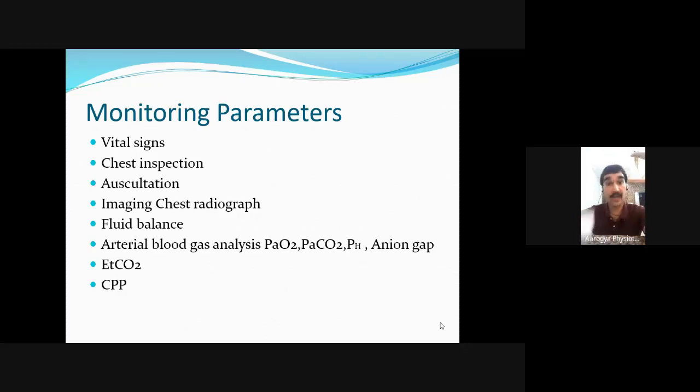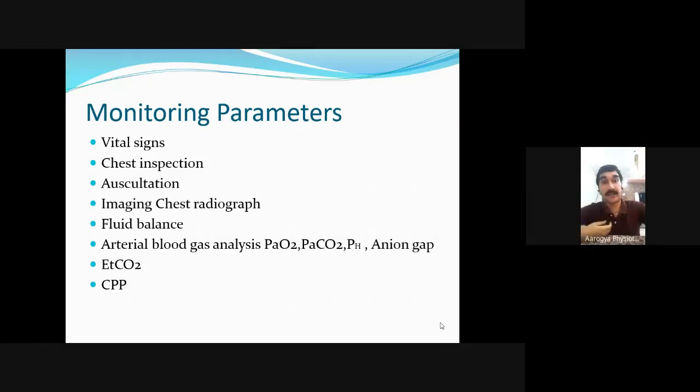So as you see the vitals, you should do the chest inspection. In chest inspection, you see the chest movements visually, and then you auscultate. Auscultating is very important, as you'll come to know the status of the lung, the lobes affected, the segment very specifically.